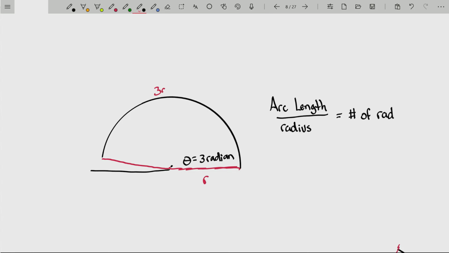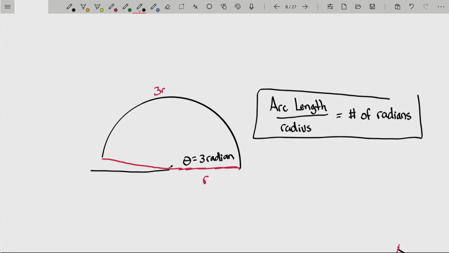And this is a very famous formula right here. And we'll actually come back to that. But I just want to introduce that right now. If you take the arc length and divide it by the radius of the circle, arc length of what you cut out for the angle, divided by the radius of the circle, it will equal the number of radians you have cut out. And we let S equal arc length, because that's a traditional letter that we use for that.